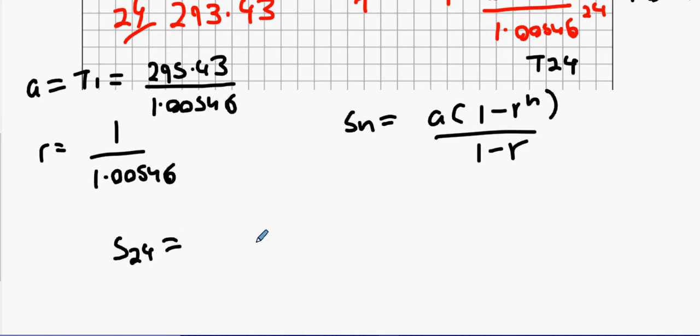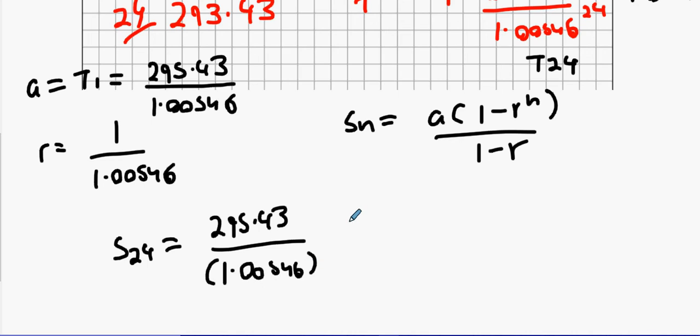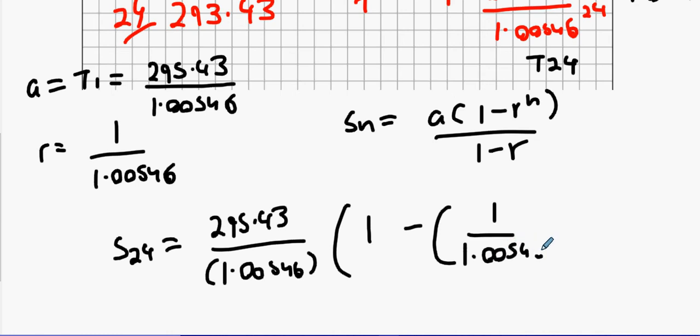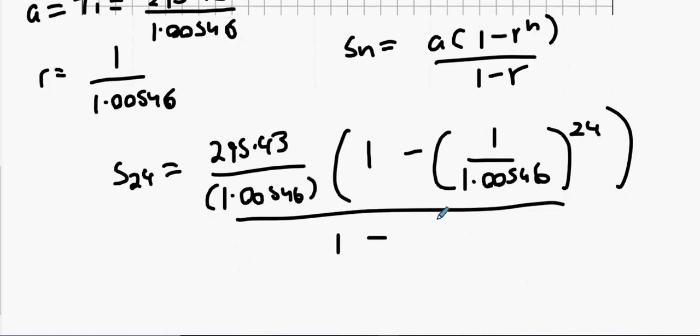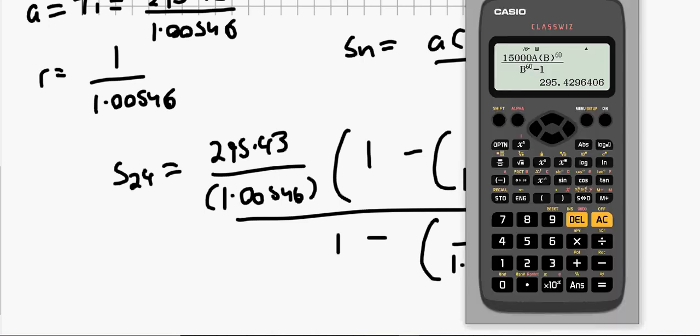It's going to be our A value, which is 295.43 all over 1.00546, into 1 minus r, 1 over 1.00546 to the power of 24, all divided by 1 minus the r value, which is 1 over 1.00546.